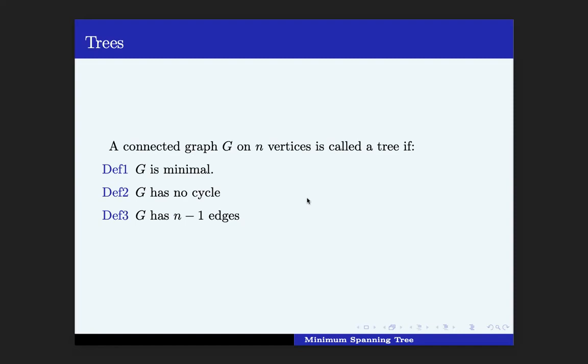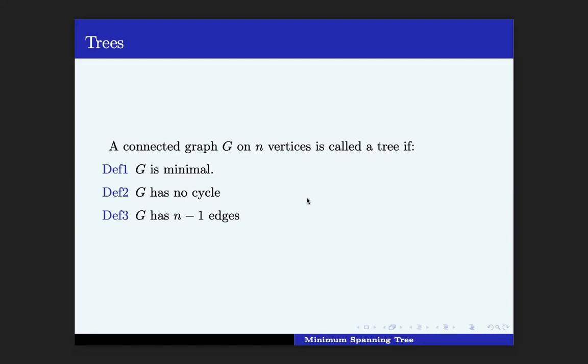If a graph is connected and minimally connected, then the graph doesn't have a cycle. If a graph is connected and has no cycle, then it is minimally connected. If a graph is connected and has n-1 edges, then it is also minimally connected and has no cycle. These three definitions are equivalent to each other.